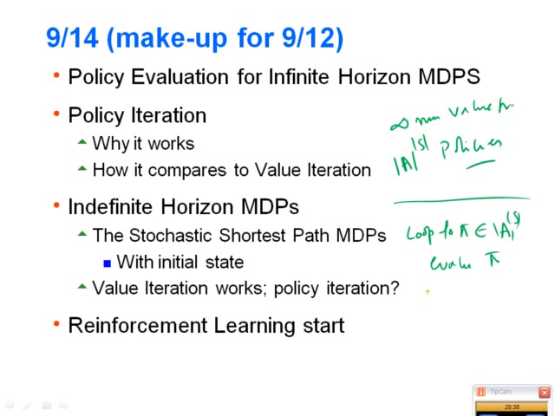By the time the loop is over, whichever policy had the best value, you just give that out. Even this only takes an exponential number of iterations. Of course you can do much better than that.